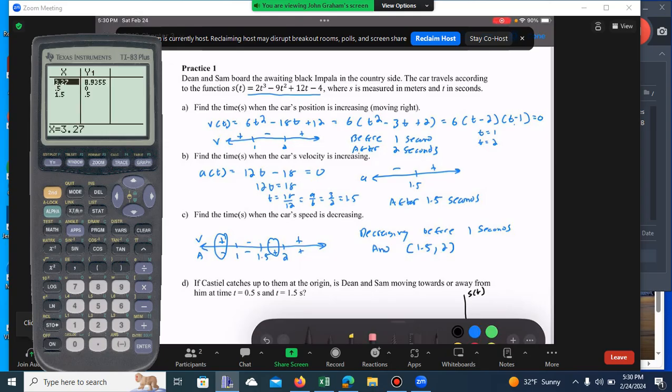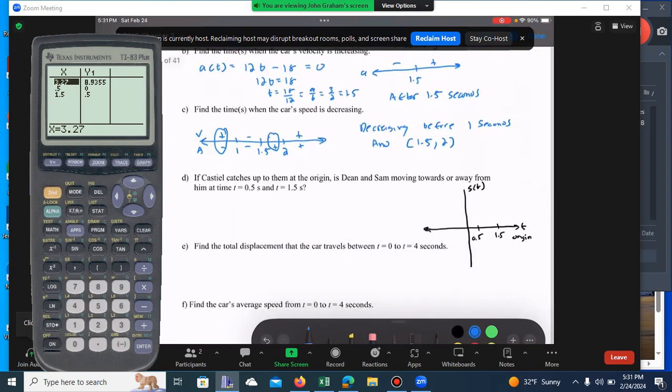So at 0.5, it's below the origin. At 1.5, it's above the origin.